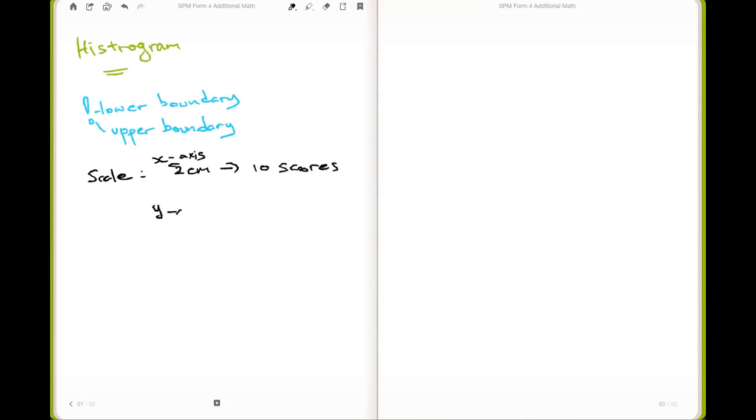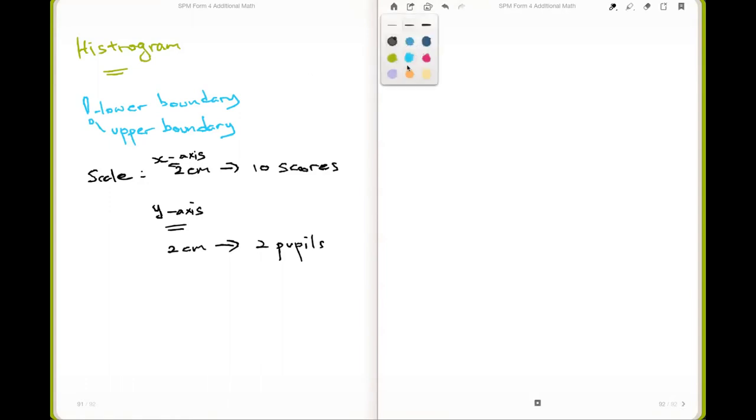And for the y-axis, which is the frequency, I want it to be 2 cm for 2 pupils. Okay? So if you have your graph paper, you should be able to get it in. I'm going to sketch it here.